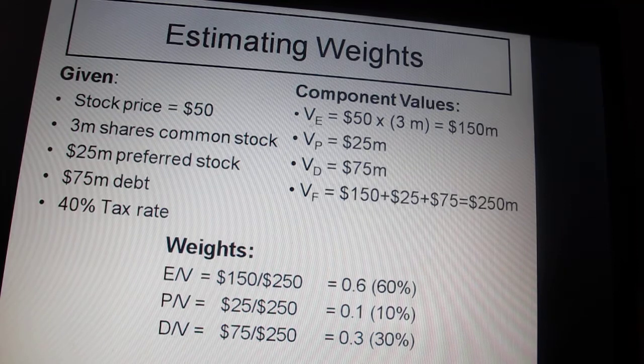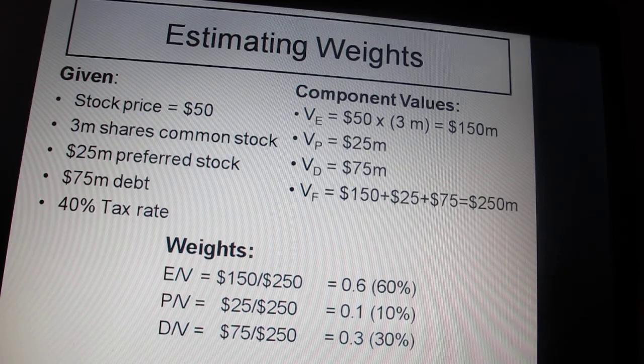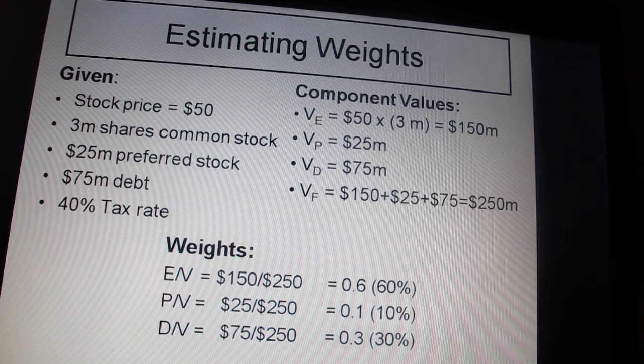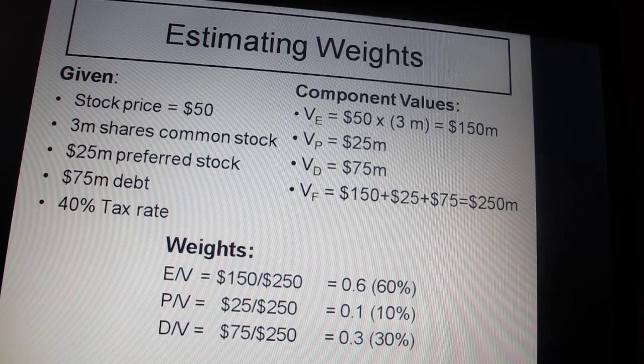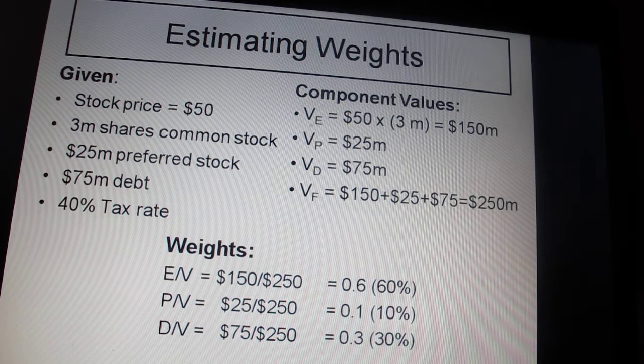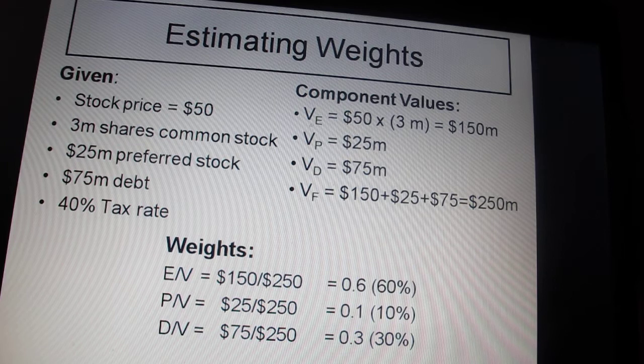All right, estimating weights. So let's just say we have this given information. Stock price is $50. 3 million shares of common stock, $25 million in preferred stock, $75 million in debt, 40% tax rate.